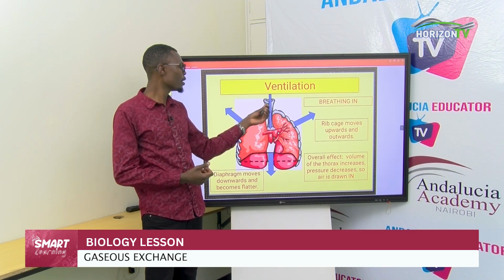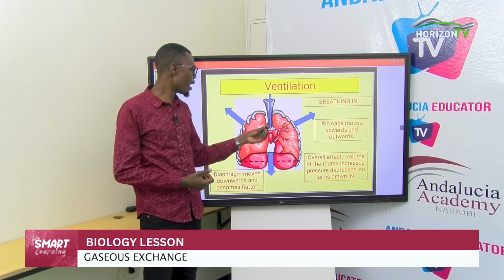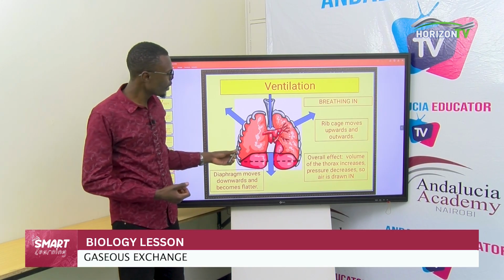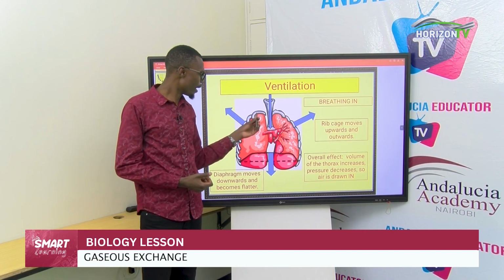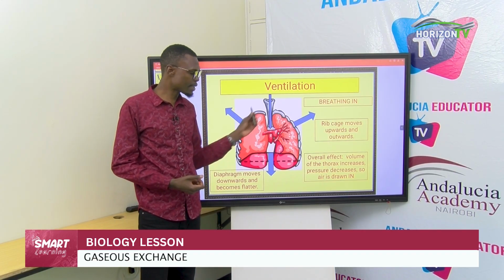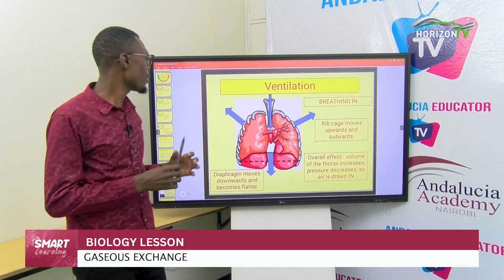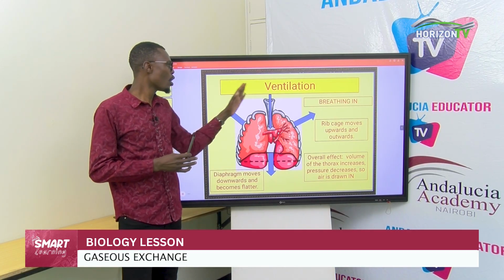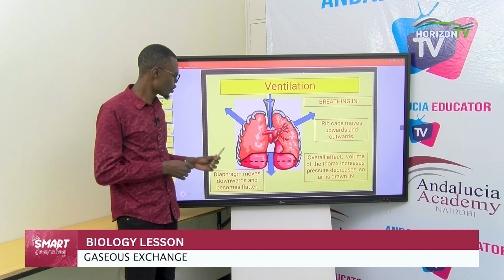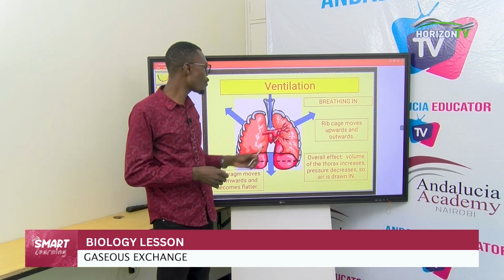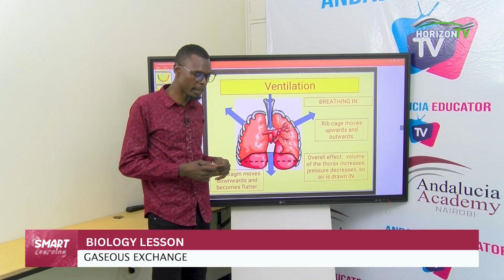The trachea, the bronchus, the bronchioles, the alveoli, the ribs. So all these structures, we are going to use them during the process of ventilation. So we are going to see one by one what will happen during breathing in.